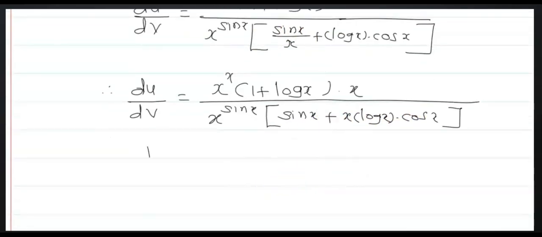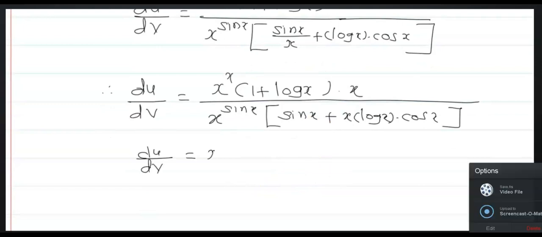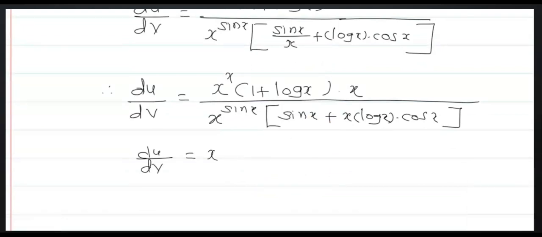It's multiplied by the reciprocal, and therefore du upon dv is equal to x raised to 1 plus sin x, x raised to x minus sin x plus 1.